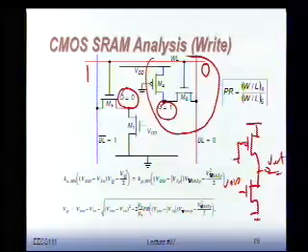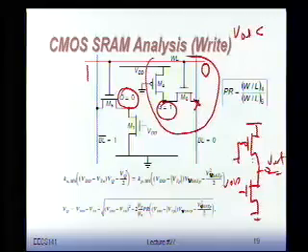We can write down the current equations, and in this case, for the cell to flip, if we want to make sure that we can flip the cell, we have to be able to pull down this node below the VM of the inverter. If you cannot pull it down low enough, we're never going to make the thing flip. So in this case, we have to make sure that V out of this inverter is smaller than VM of the inverter.